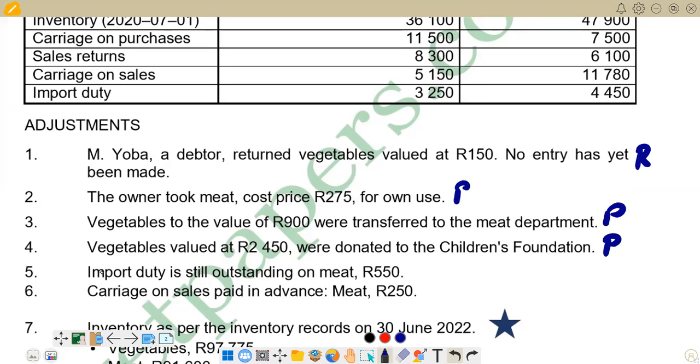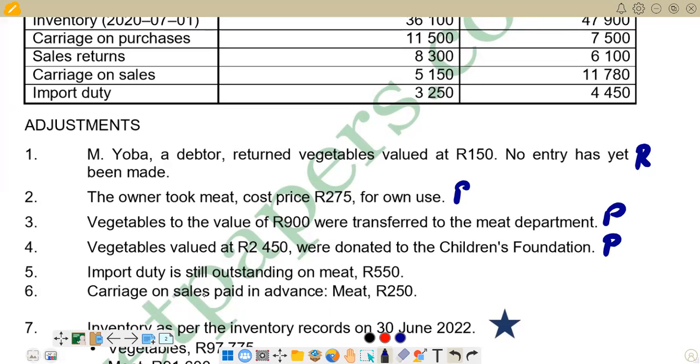Then we'll go to import duty still outstanding on meat, 500 rands. So this is going to increase the figure for import duty for meat by 500 rands. And then the next one is saying carriage on sales paid in advance.